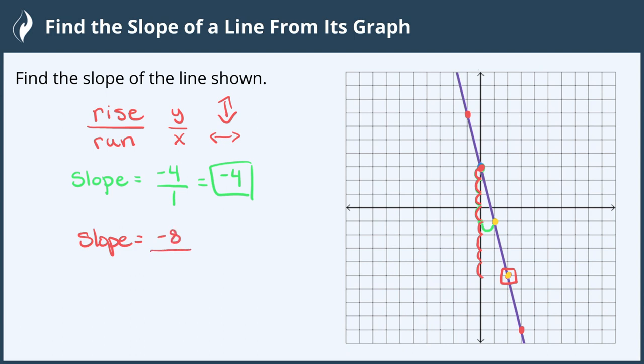And from here, I now need to move which direction to get to the next point. To the right, 1, 2 units to the right. Right is positive, so I move 2 units to the right. -8 divided by 2 is -4, and you'll see it's the exact same slope.